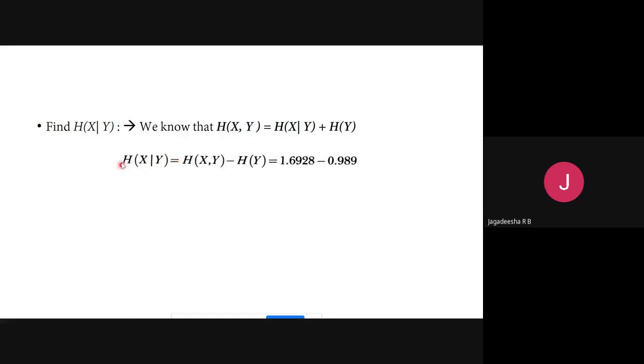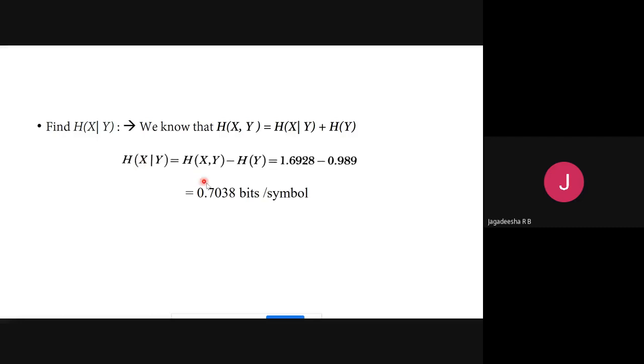Now for the conditional entropy of X when you know Y, is it just rearranging this equation here to find this parameter? Are we doing this minus this, right? That is what is done here, because we already know the value of this as well as the value of this. We can just substitute here and find out the conditional entropy of the input.